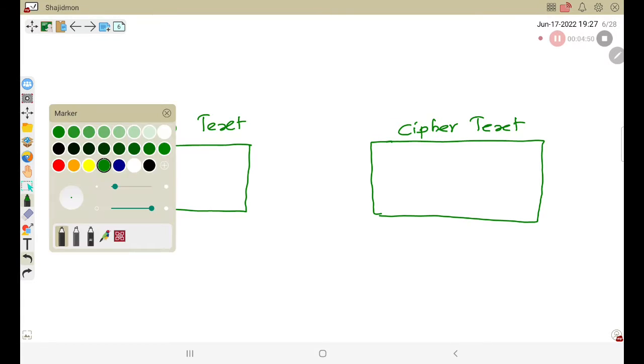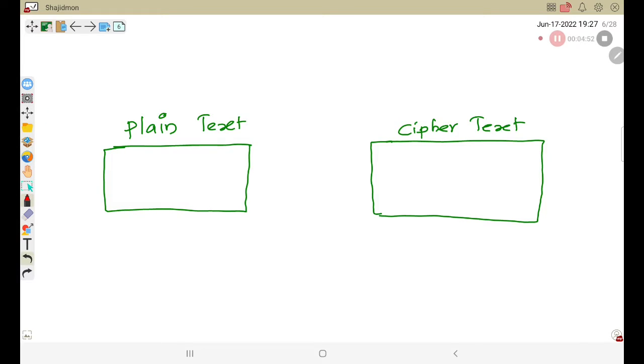Now what are encryption and decryption? Encryption means we have a plain text, the original message or clear message, and this is the cipher text or encoded message.